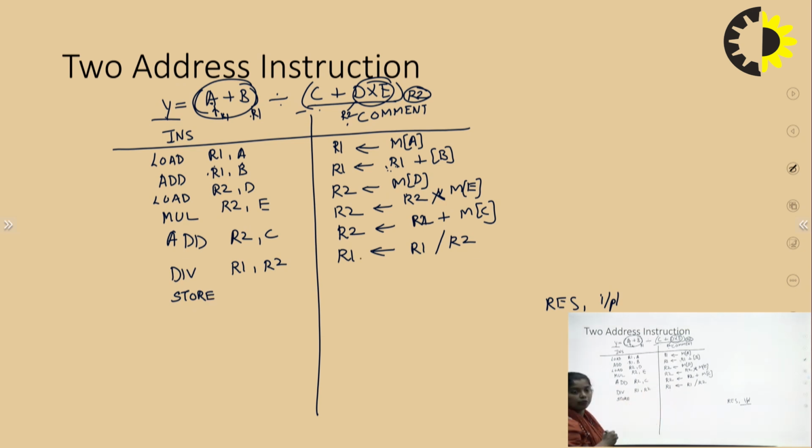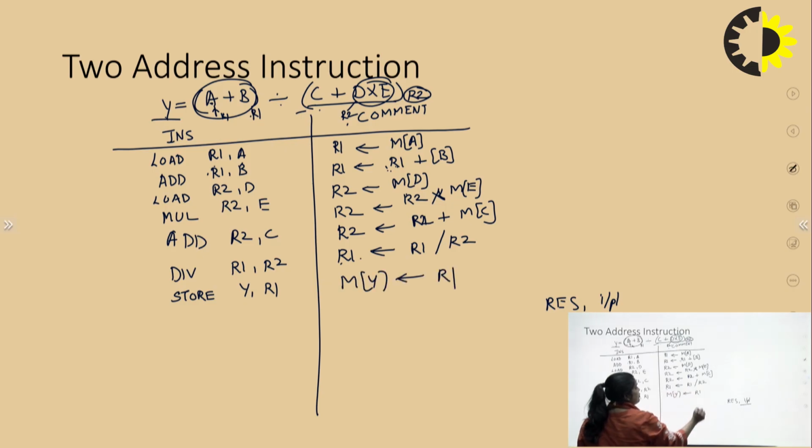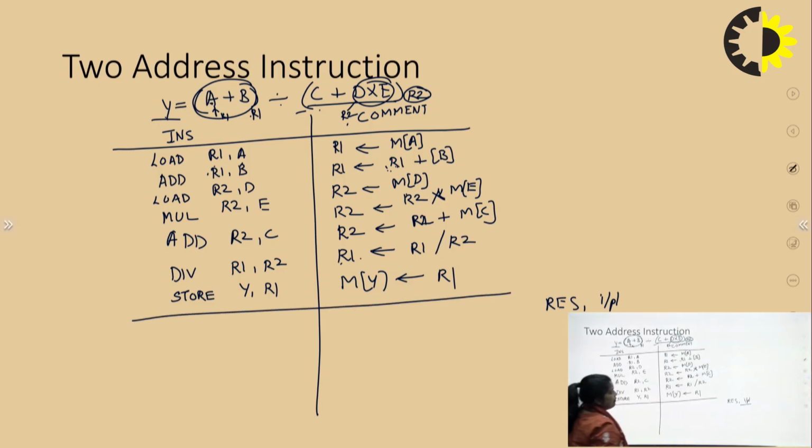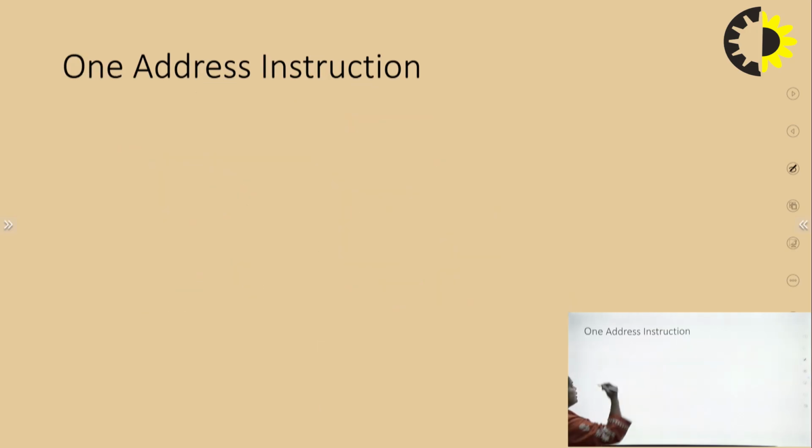The R1 value, in the Y. So in the Y, R1 will be stored. And now R1 is R1 divided by R2. It means M of Y, R1 value will be stored in this. This is the 2 address instruction. Fine. And next is the one address instruction.